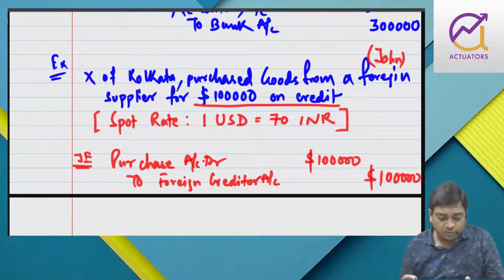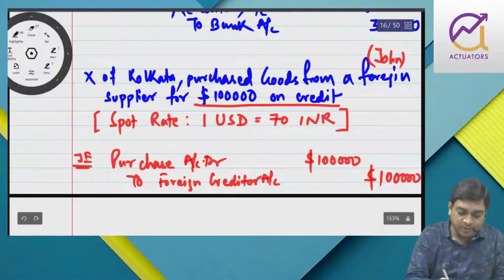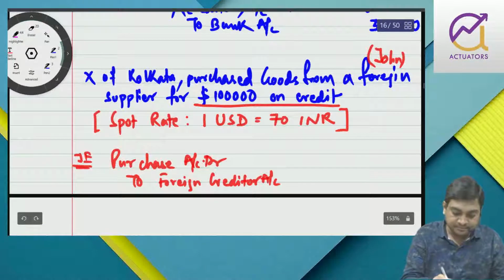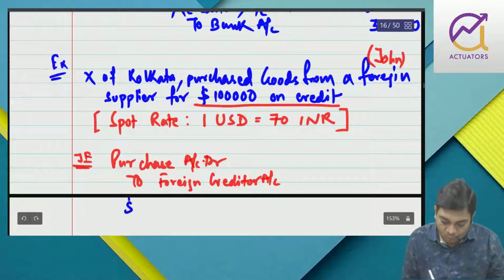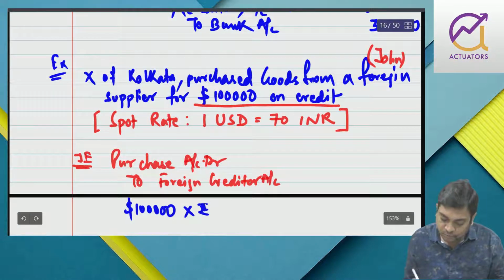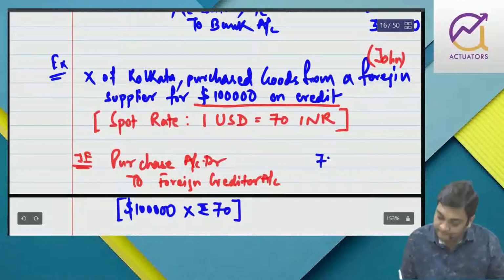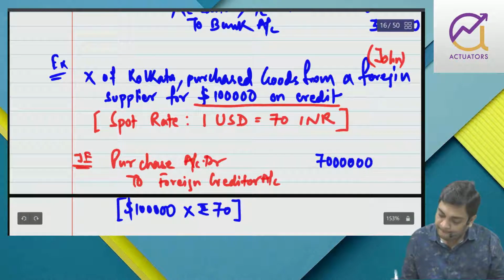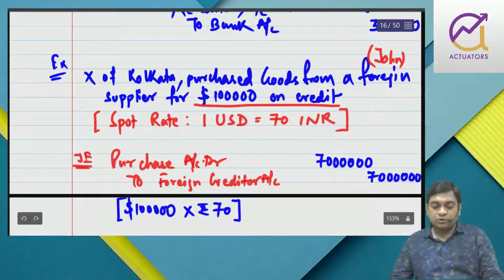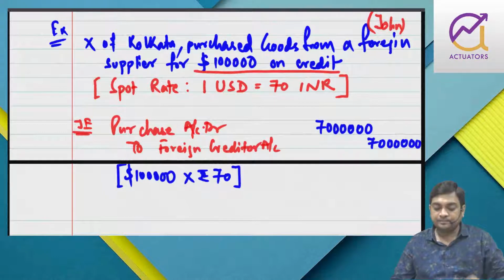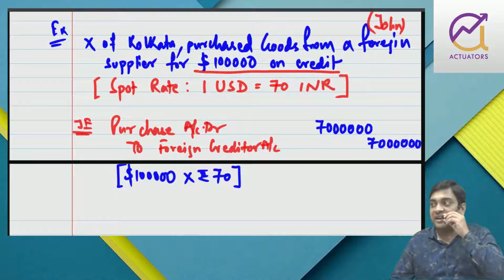So what you should be doing is converting this 1 lakh dollar into 70, so that comes to 70 lakh rupees.